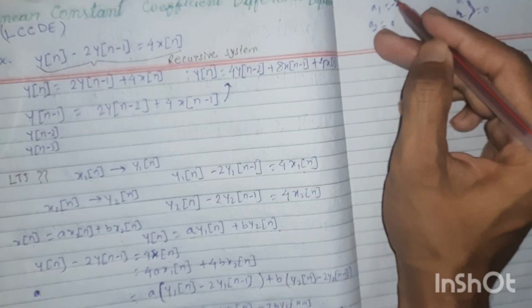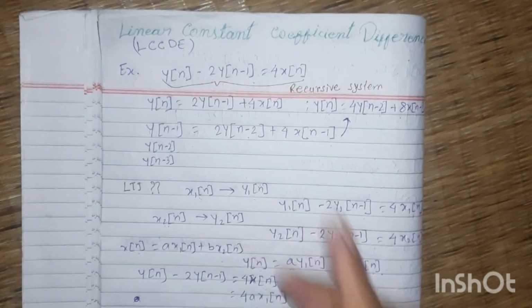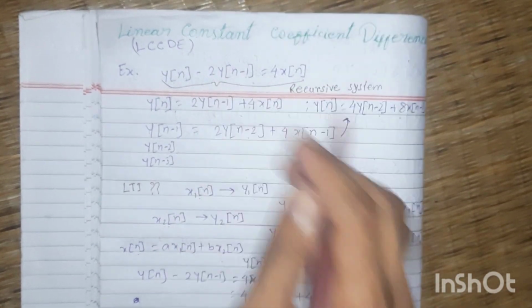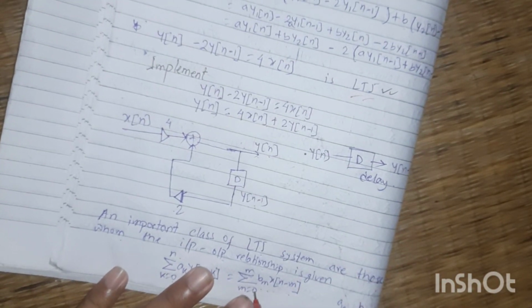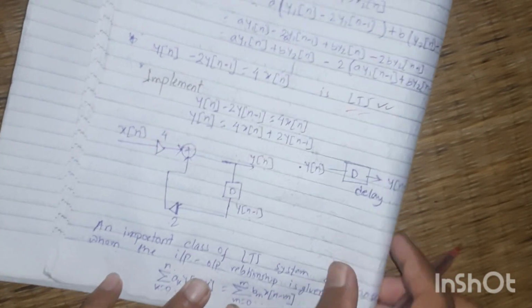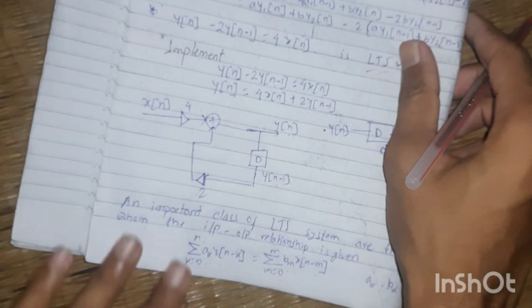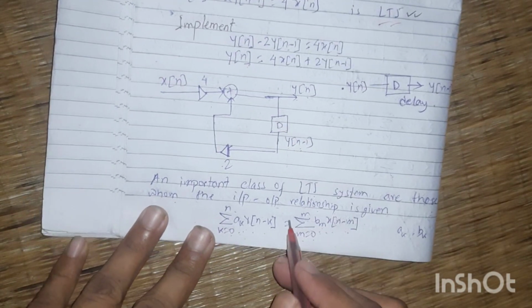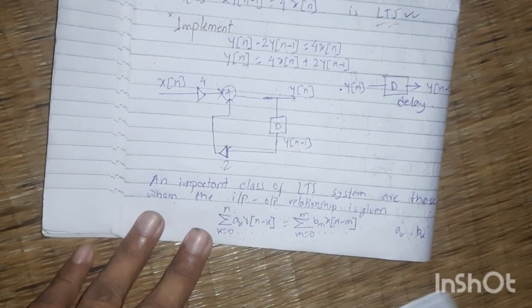When k equal to 1, meaning a1 y of n minus 1, for y of n minus 1 the coefficient is minus 2, so a1 is minus 2, and a2, a3, a4 and all the other values are 0. Similarly at the input, if we put m equal to 0, b naught x of n, for x of n the coefficient is 4, so b naught is 4, and b1, b2, b3 and all the other values are 0. So when the input-output relationship is like that, then we can say that this system is obviously an LTI system.